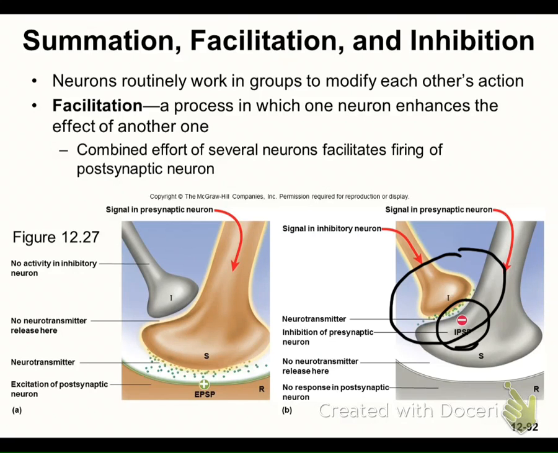Now, what is the molecular mechanism? How does an inhibitory neurotransmitter work? Let me back up. How does an excitatory neurotransmitter work? Typically, what we've seen is that the neurotransmitter touches the receptor, and as a result, a gate opens up, and that gate is what kind of gate? Sodium gate. Let's put a bigger word on that.